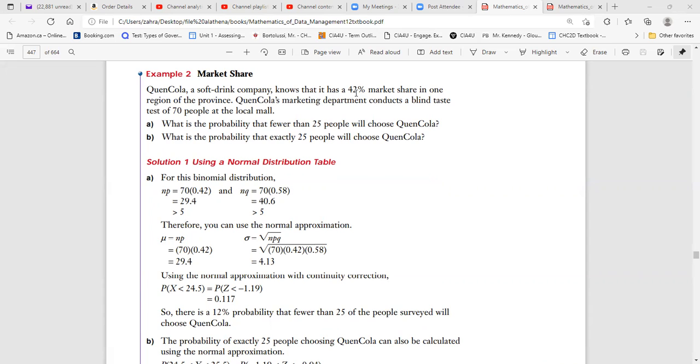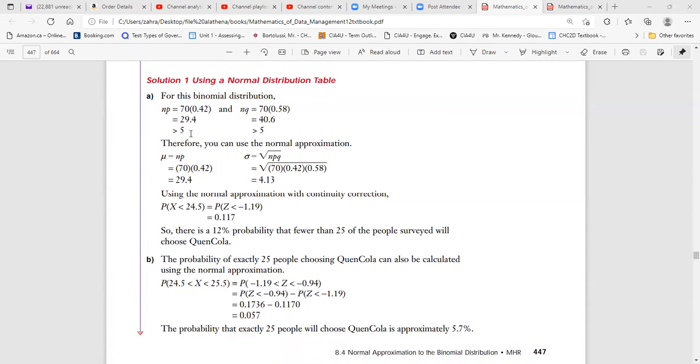Now 42% is your P, the probability of success, and Q is 1 minus P, which is 58%. We find that NP and NQ are both greater than 5, so we can use the normal distribution. Mu, the mean, is NP, which is 70 times 0.42, so 29.4, and sigma, the standard deviation, is the square root of NPQ, which is 4.13.